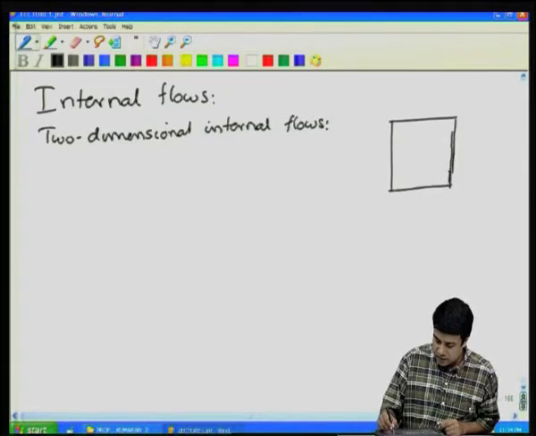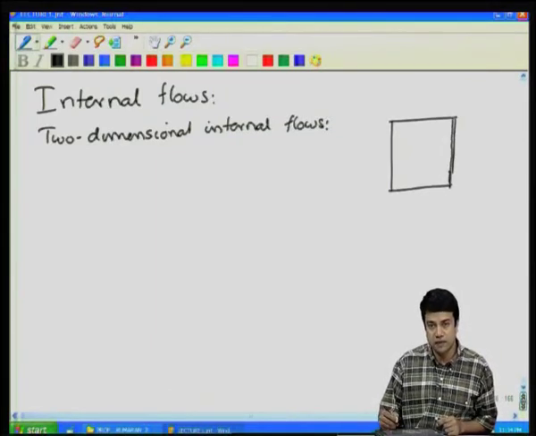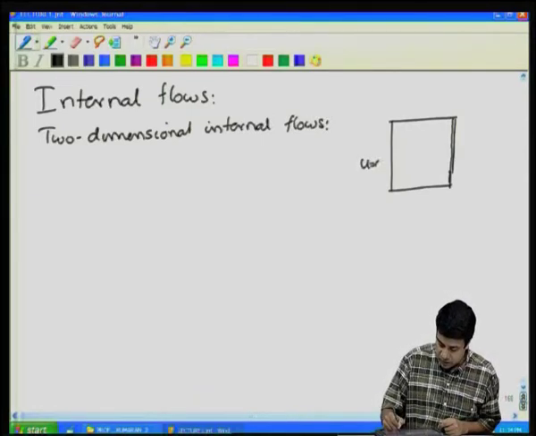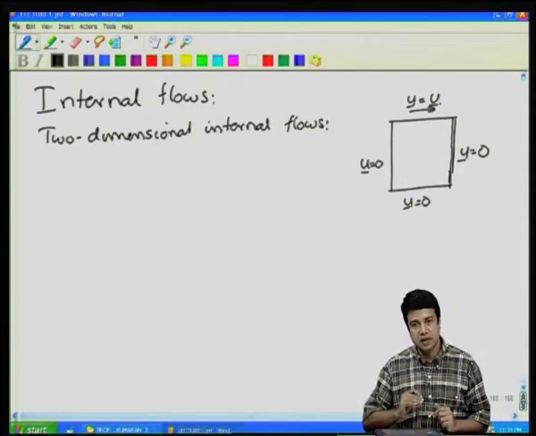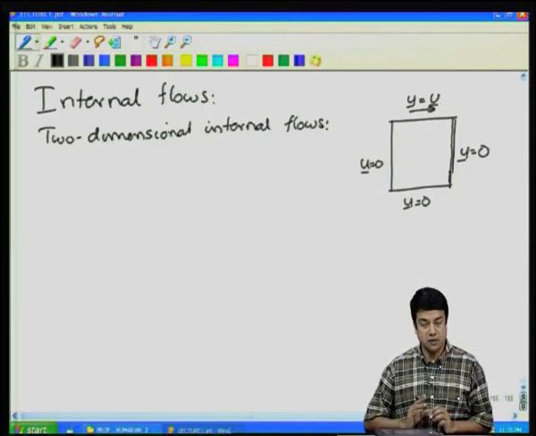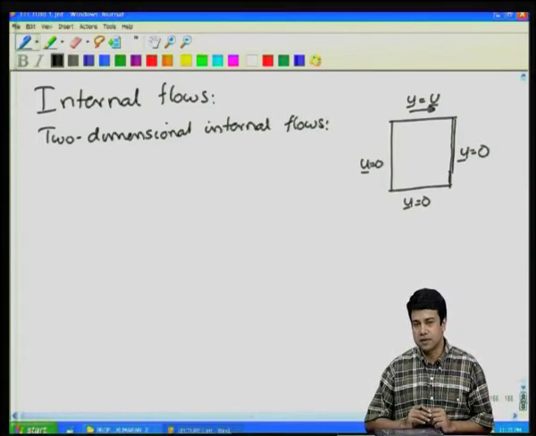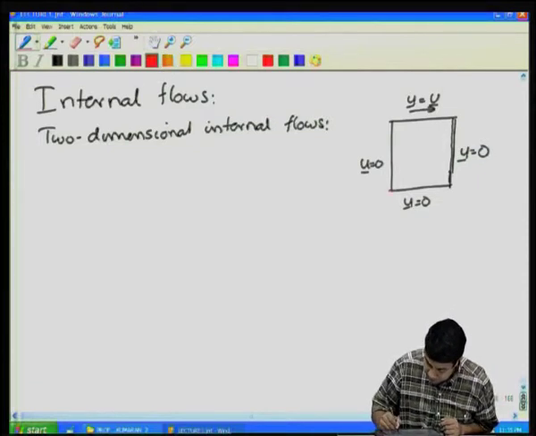A classic example of this is the flow in a lid driven cavity, where you have 3 walls with velocity equal to 0 and one wall moving with some constant velocity in the tangential direction. You cannot have motion normal to the wall, of course, because the fluid is incompressible. So, volume has to be conserved, but you can have a wall which is moving in the tangential direction. This is a two-dimensional flow, where one has the coordinate system x and y.